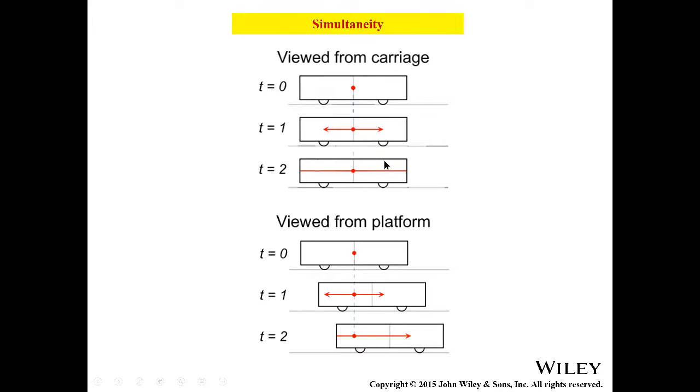These two events, from the point of view of the train itself, because you made sure that you were in the middle, would bang and bang at the same time, simultaneous. But now your friend on the platform will say, no, no, no, it cannot be. I actually saw that your back end was rushing towards this ball. Therefore, this will hit first before that.